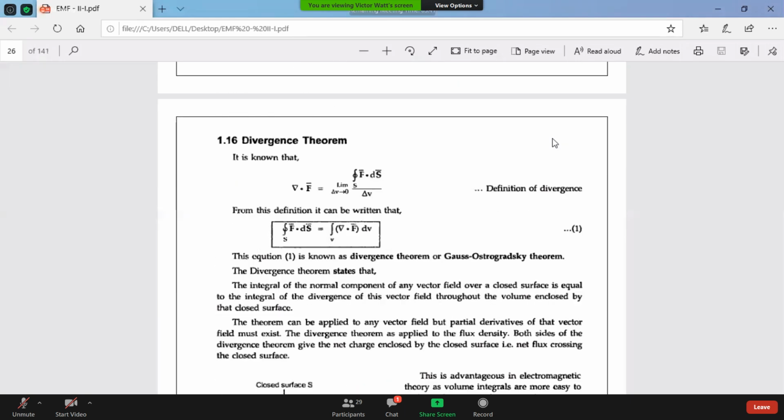Divergence theorem. Here is the definition for the divergence theorem.